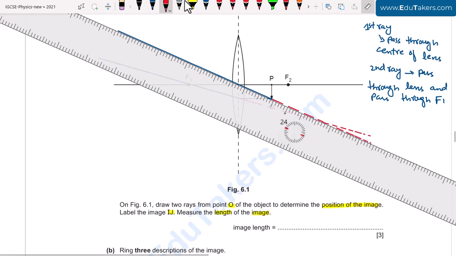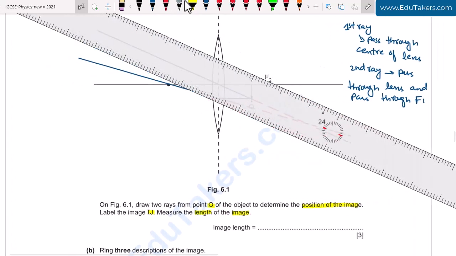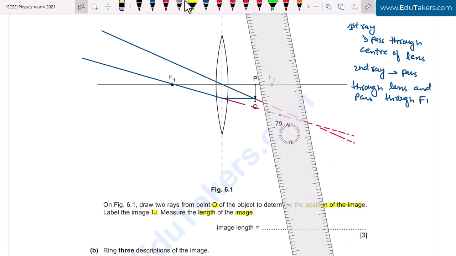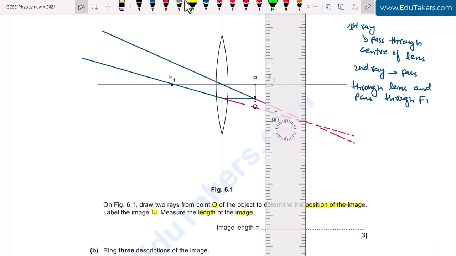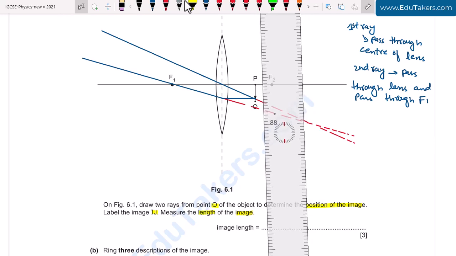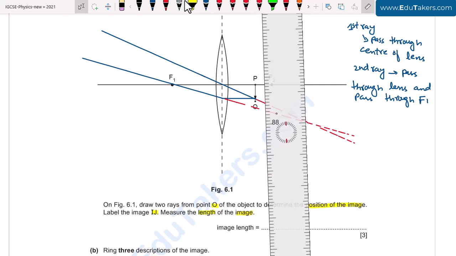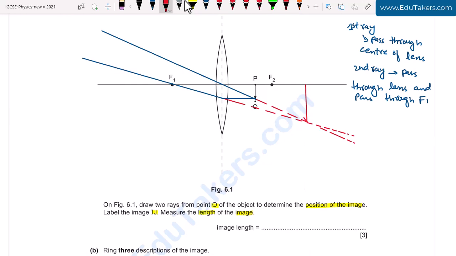The point where both of these rays meet is where the image forms. So it is the location of image I. We have to label it I and J. In the second part, we have to measure the length of this image.